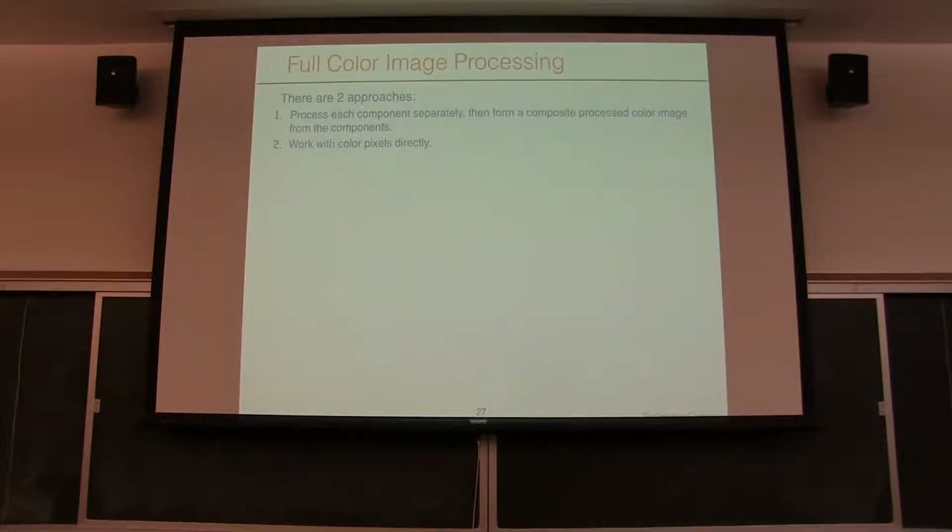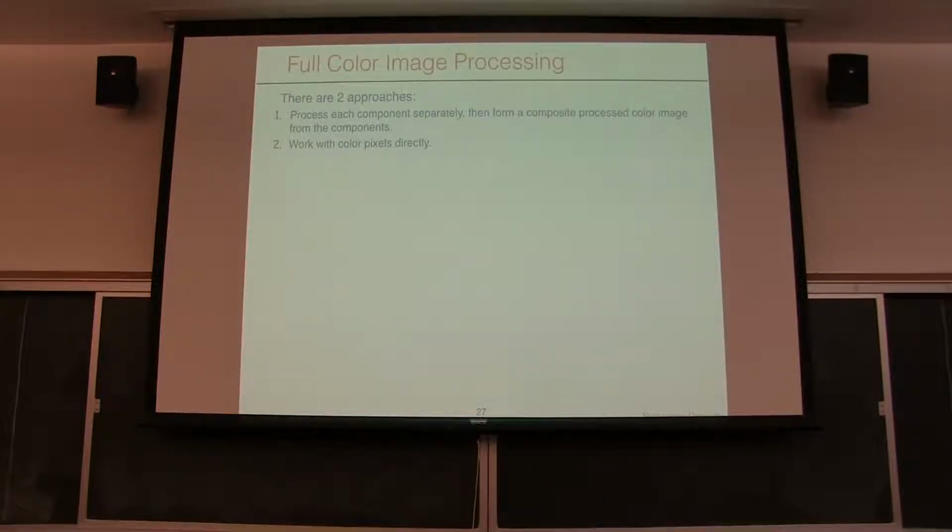One way is you process each band independently of each other. So basically, instead of having 1 image, I have 3 images, and you do some processing in each of those bands, and then you combine them back together. The other way is looking at each pixel as really a vector that has 3 components: how much red, how much green, how much blue, or how much hue, how much saturation, how much intensity, depending on which color map I'm working on.